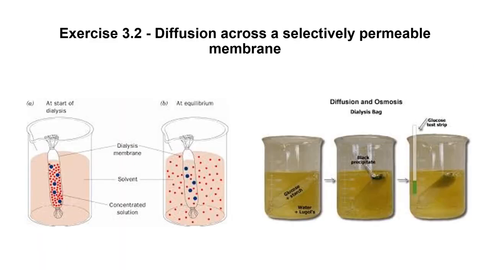Then we will talk about the diffusion across a selectively permeable membrane. I will give you this tubing, and you will have to fill it using the pipettes. If you remember, the Pasteur pipette that we used last time, you will fill this tubing.